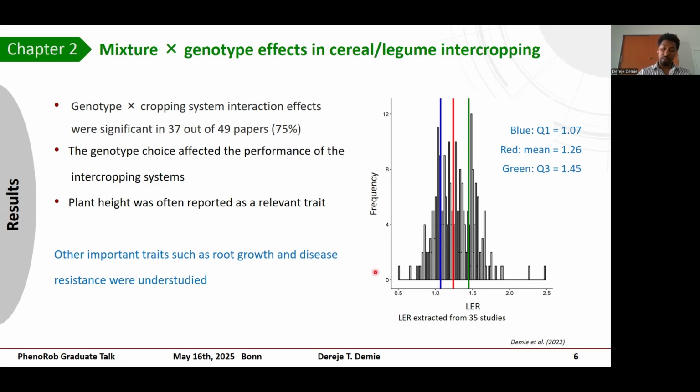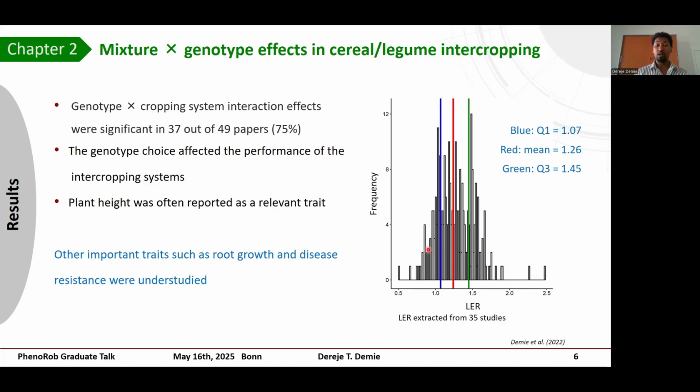So the wrong combination of genotypes may result in lower land use efficiency, while a combination of genotypes which work together may result in higher land use efficiency.